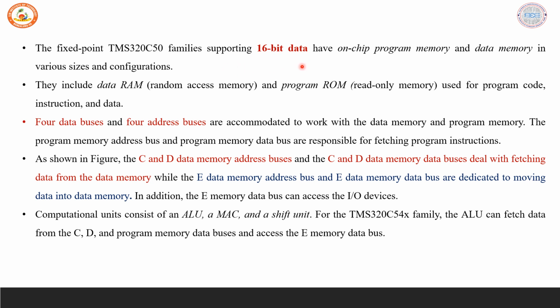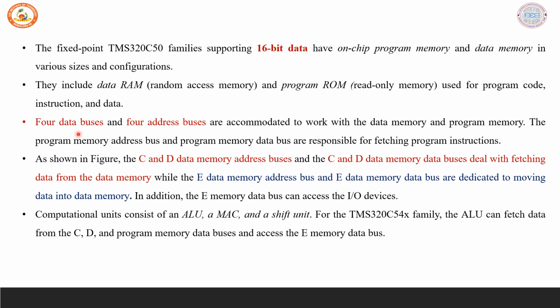It's a 16-bit processor. It has on-chip program memory as well as data memory, which comes in different sizes and configurations. They also include the data RAM and the program ROM, which is used to hold the code as well as the instruction and the data.